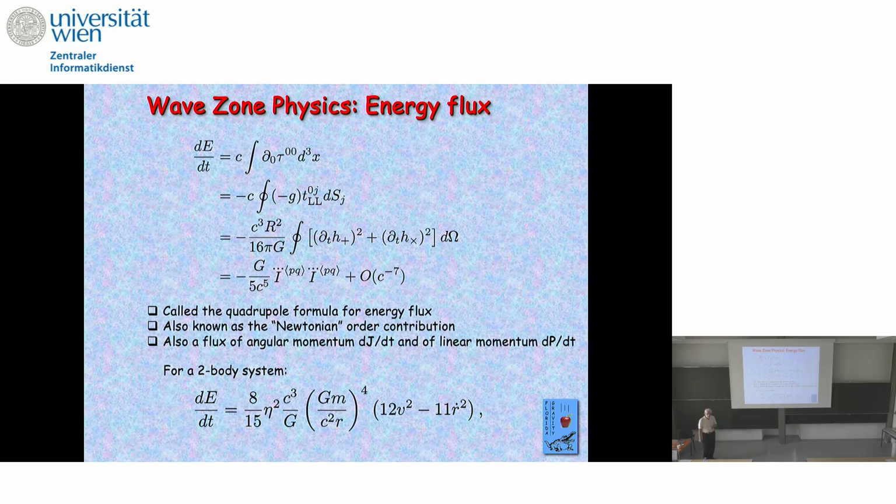So gravity played an essential part, but along the way we had this little curious identity that allowed us to convert tau ij, which had matter and gravity, into some time derivatives of the quadrupole moment. And at the end of the day, we ended up with exactly the same formula as Einstein got in 1918.